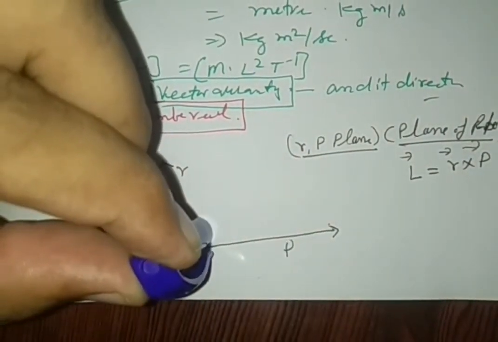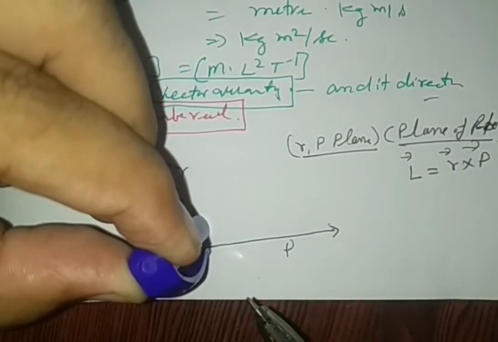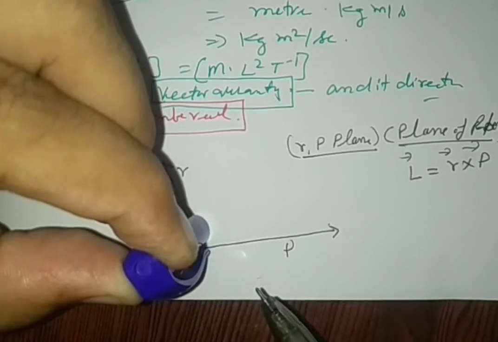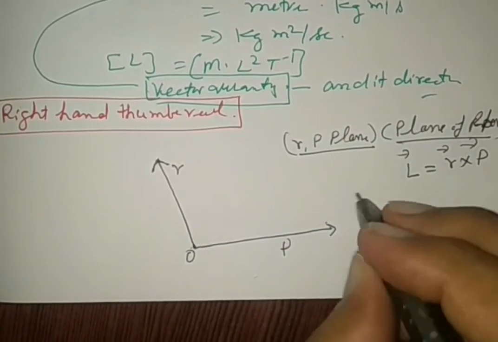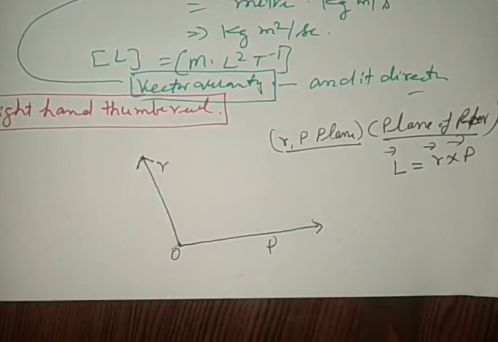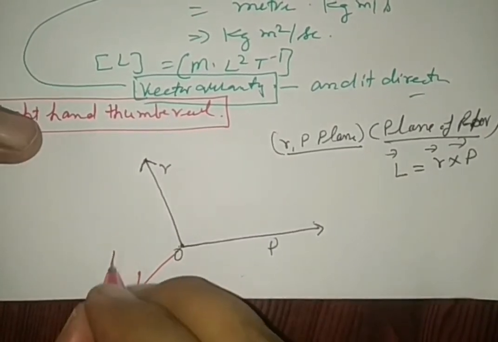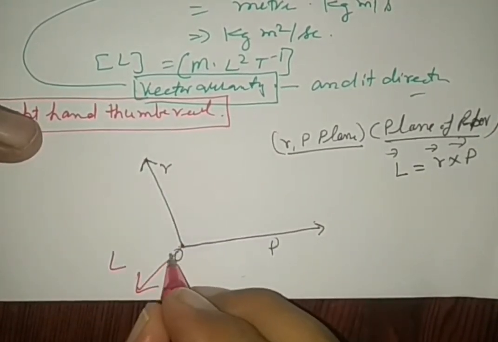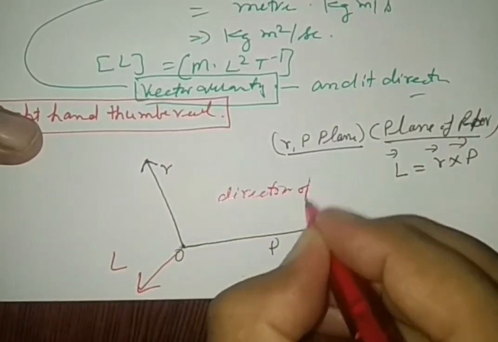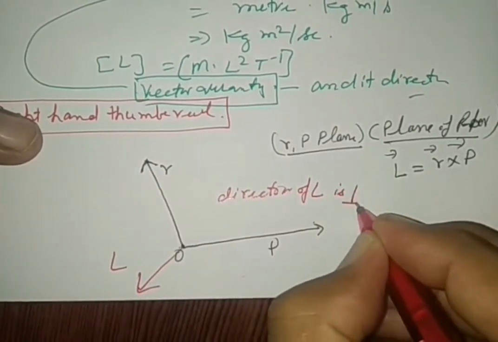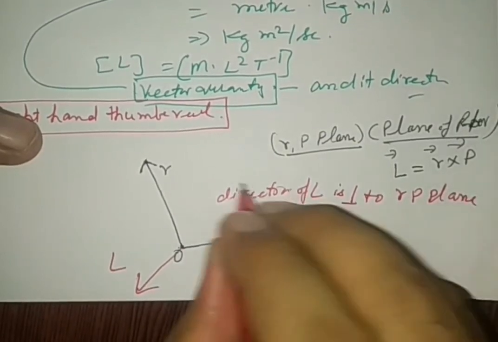Right? R to P when it's rotated, it's perpendicular to this plane. So direction of L is perpendicular to RP plane.